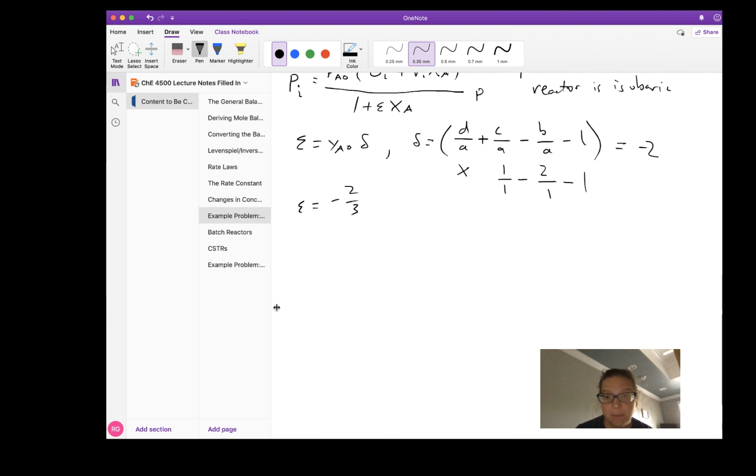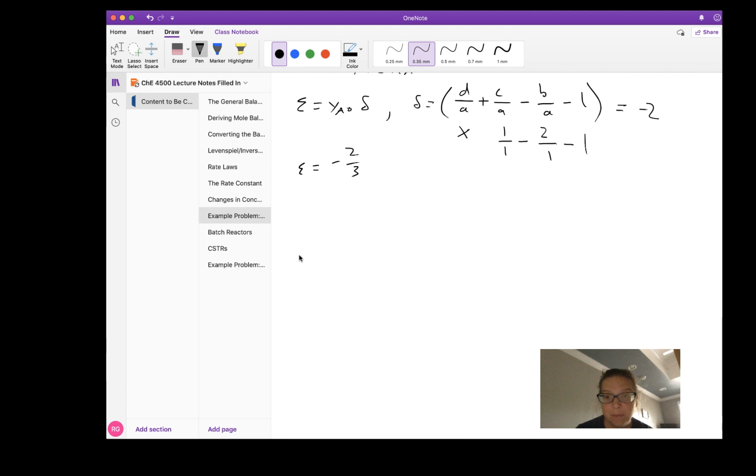Therefore, I can write my different pressures. PA is equal to PA naught times 1 minus XA, divided by 1 minus 2XA over 3. And I know that PB is equal to 2 times PA, because of the stoichiometric relationship between them and the fact that they were fed in stoichiometric proportions.